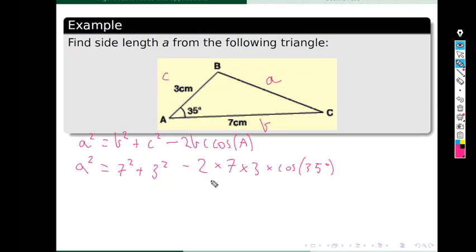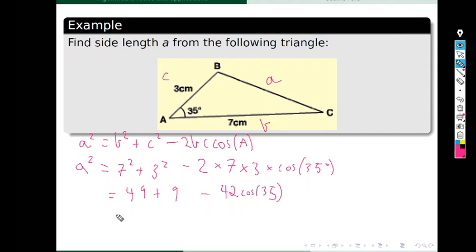All right, so what we've got is 49 plus 9, take 2 times 3 is 6 times 7, what are we going to get? 42 cos of 35.